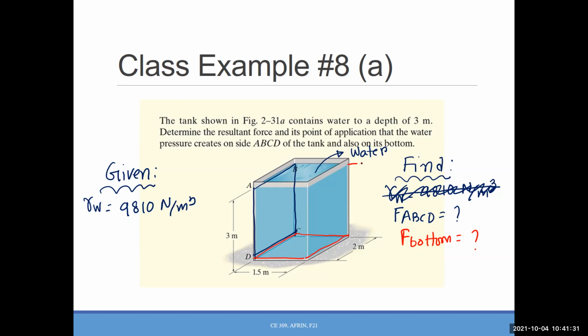What is the pressure here at the water surface? P equals to? And what is the pressure here? P equals to 3 gamma. Basically, that is the pressure on the bottom also, right? So you can work on that part very quickly. Let's start working on that.